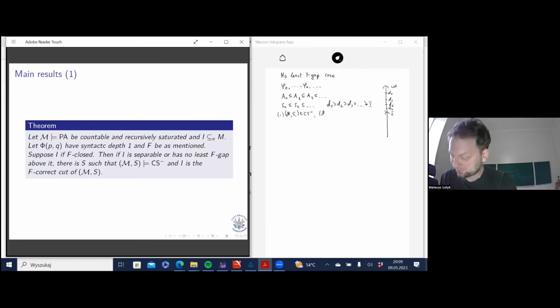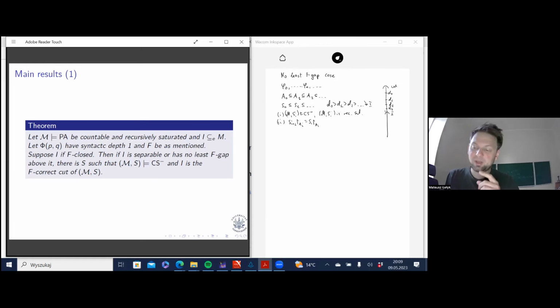Also, MSi is recursively saturated as previously. Secondly, that each next one prolongs the previous one on the respective finitely generated set.